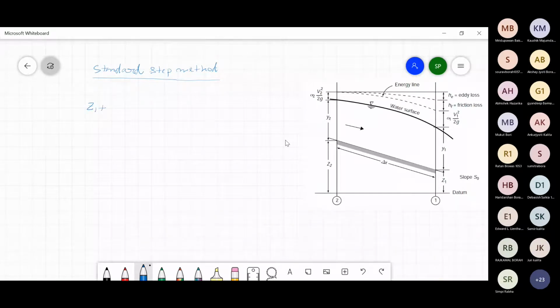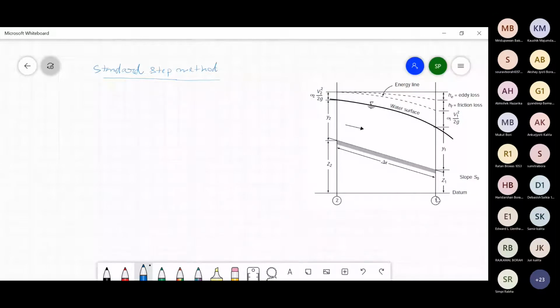Z1 plus Y1 plus, I am considering alpha as unity here, V1 square by 2g plus HC plus HF is equal to, or we can write it this way: we know the value at Z2, that means section 2, and we have to compute at section 1, suppose. Then it will be easier for you.